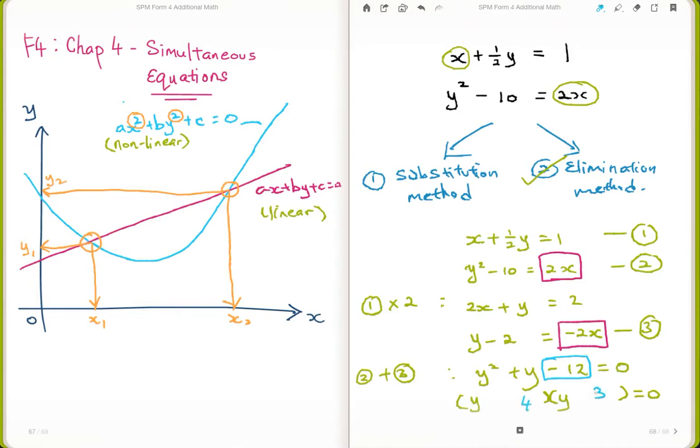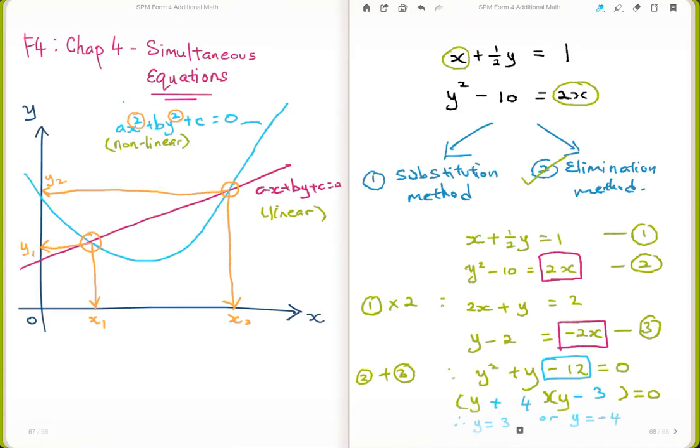4 and 3 in 12. In order to get positive y, but the product is negative, so I would say this could be my positive 4, negative 3. Therefore, my y will be equal to 3, or y is negative 4.